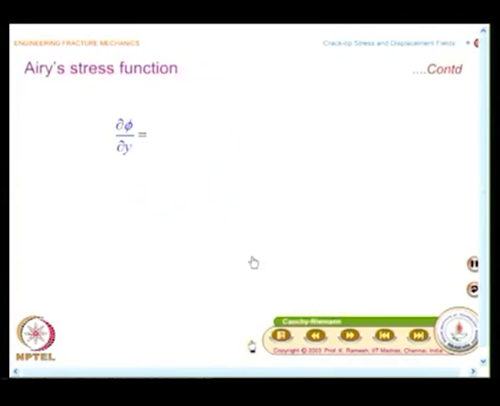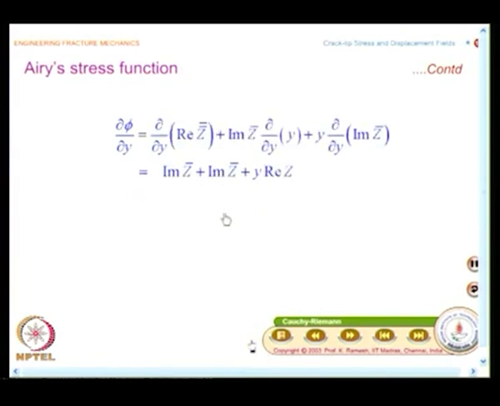That is the problem that was there in that equation. So this is wrong. When I refer to the Cauchy-Riemann conditions, that becomes minus, and what is the advantage? This gets cancelled and your dou phi by dou y is simply y real part of z, as simple as that.